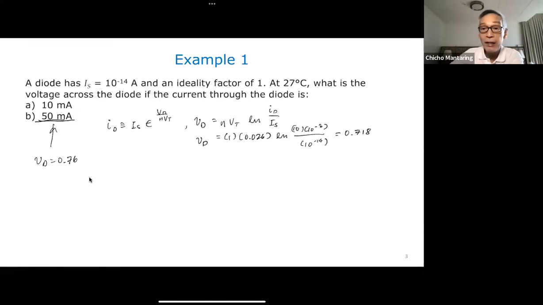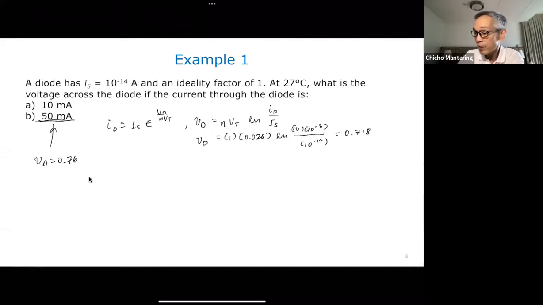Our current increased by 5 times from 10 mA naging 50 mA. But if you take a look at the voltage from 0.718 to 0.76, 0.05 or 5 hundredths lang of a volt ang nagbago.